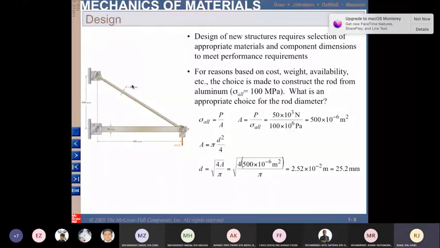The design of a new structure requires selection of appropriate material and component dimension to meet performance requirements. For reasons based on cost, weight and availability, the choice is made to construct the rod from aluminium.